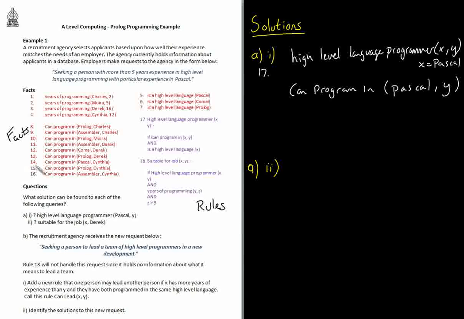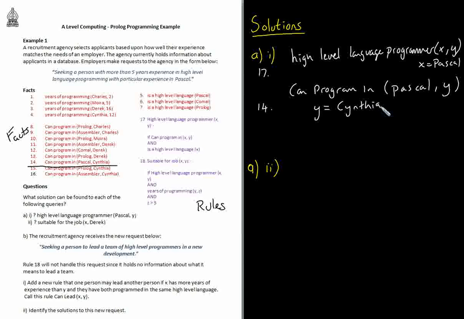That's clause number 14. Just underline it. I'm going to write clause 14 over here, because that's one of the clauses I've used. And the answer that will be returned is Y equals Cynthia.